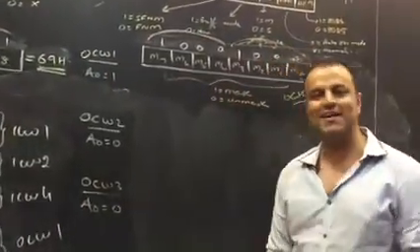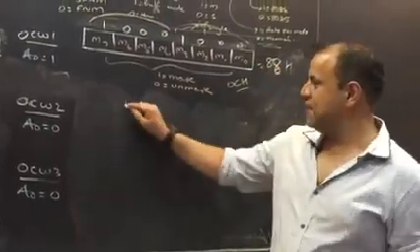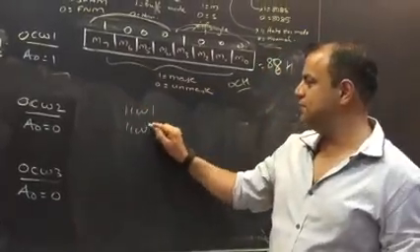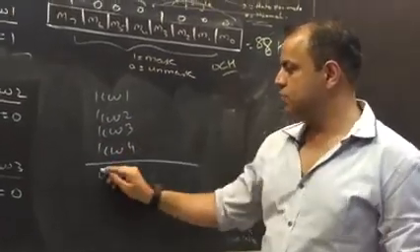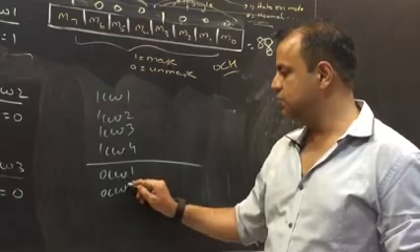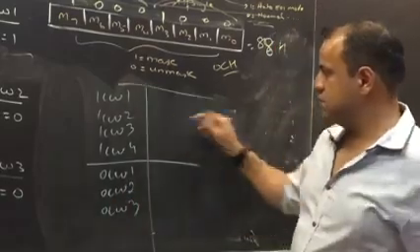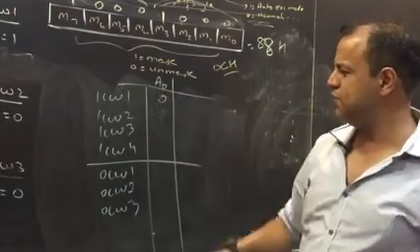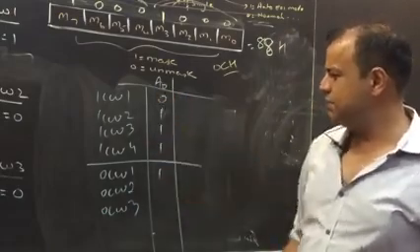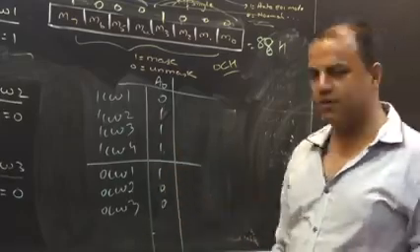I will make you understand everything. I promise you. Give me your concentration. ICW1, ICW2, ICW3, ICW4. OCW1, OCW2, OCW3. A0 behaves like this. A0 is 0 for ICW1, 1 for the remaining ICWs, 1 for OCW1, and 0 for the remaining OCWs.